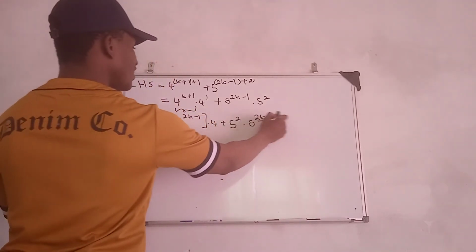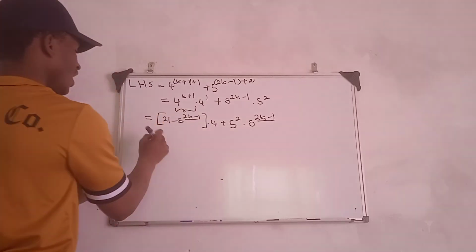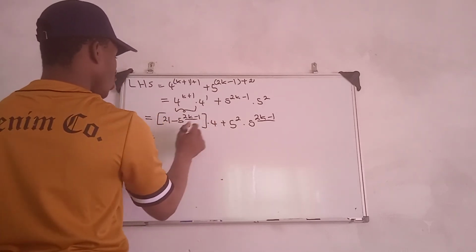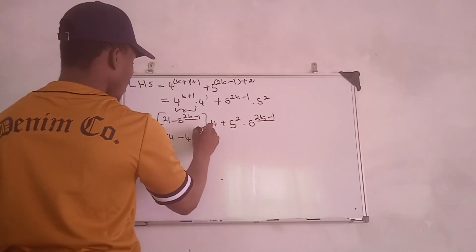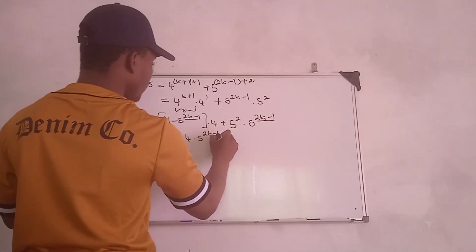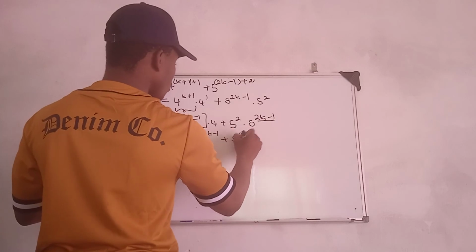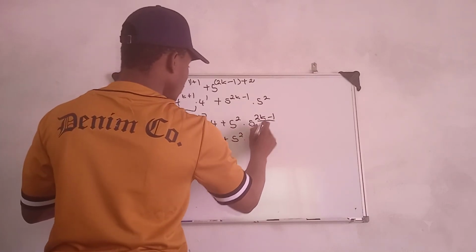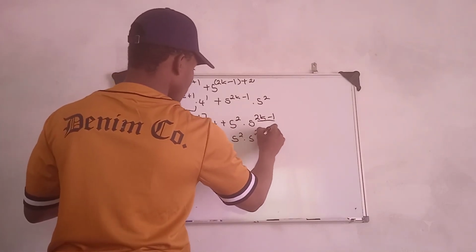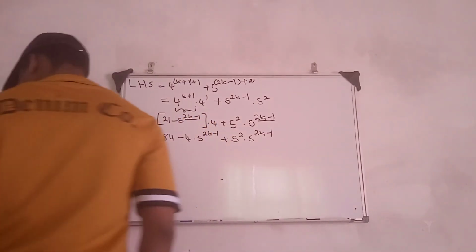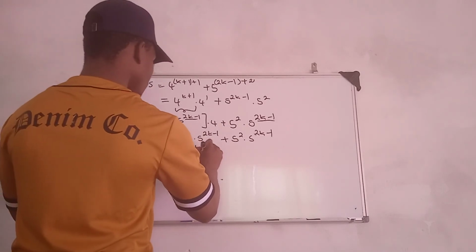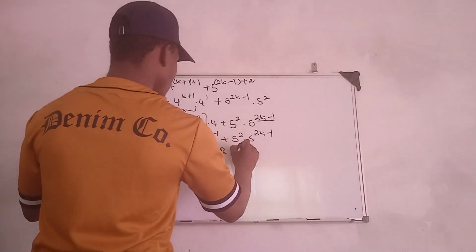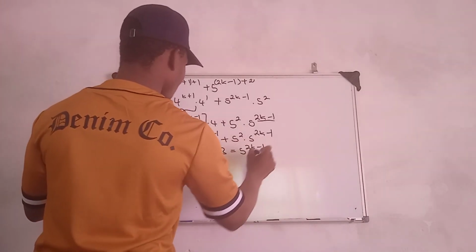So the exponents are the same, so I can multiply throughout. It will be 84 minus 4 times 5^(2k-1) plus 5 squared times 5^(2k-1). So I can let b equal 5^(2k-1).